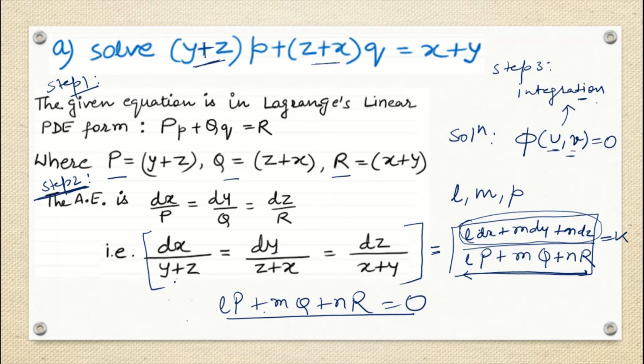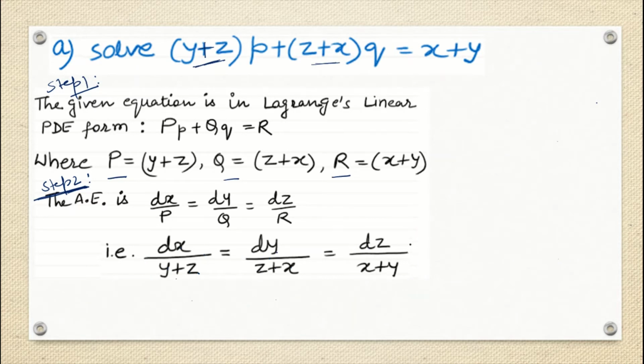We can say that the denominator part here is y plus z, and the second fractional term contains z plus x. So if I subtract the first fractional term from the second fractional term, then what will happen? That approach will also result in some more fractional terms, equal to these remaining fractional terms. But what is that one?